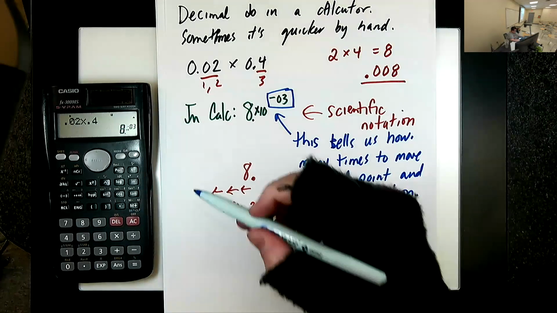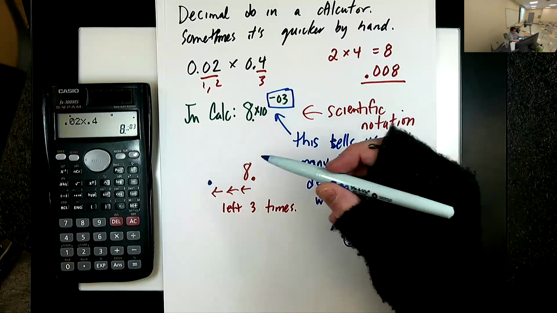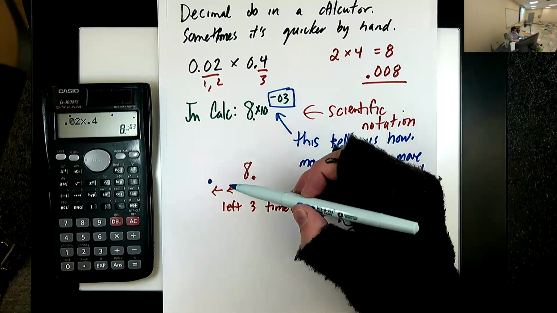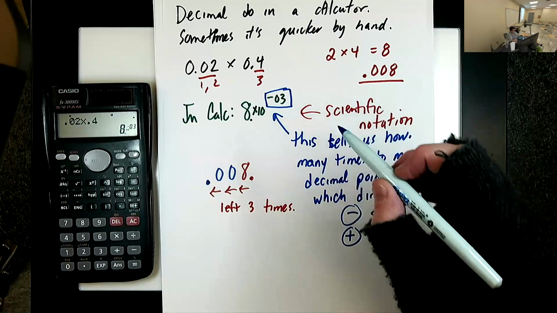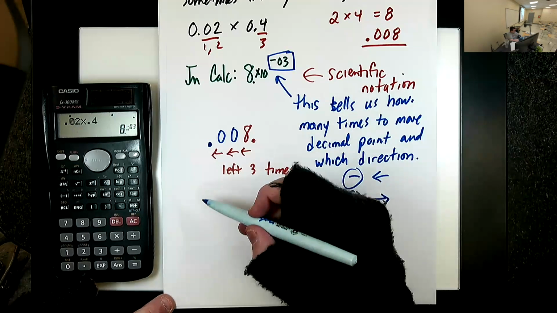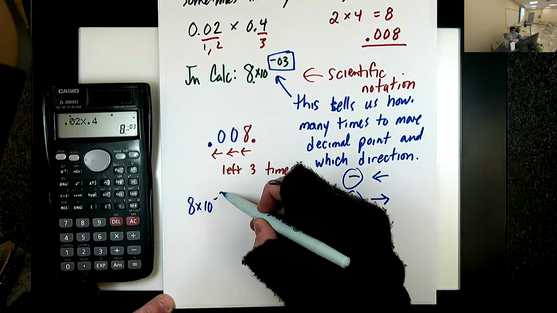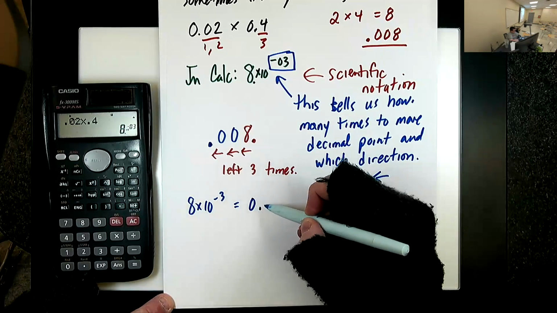I put my new decimal over here, and anytime I moved an arrow but there was no number there, I'm going to fill in a 0. So 8 times 10 to the negative 3 becomes 0.008.